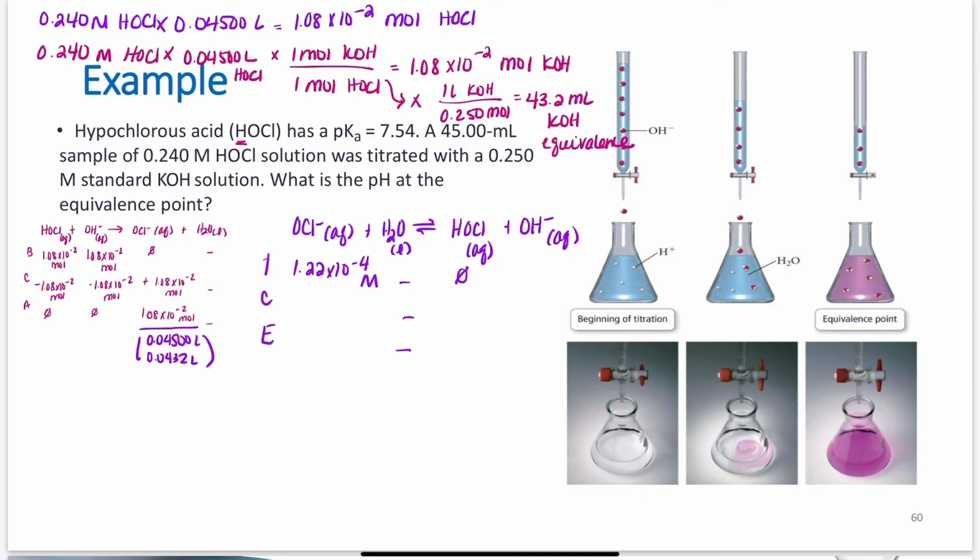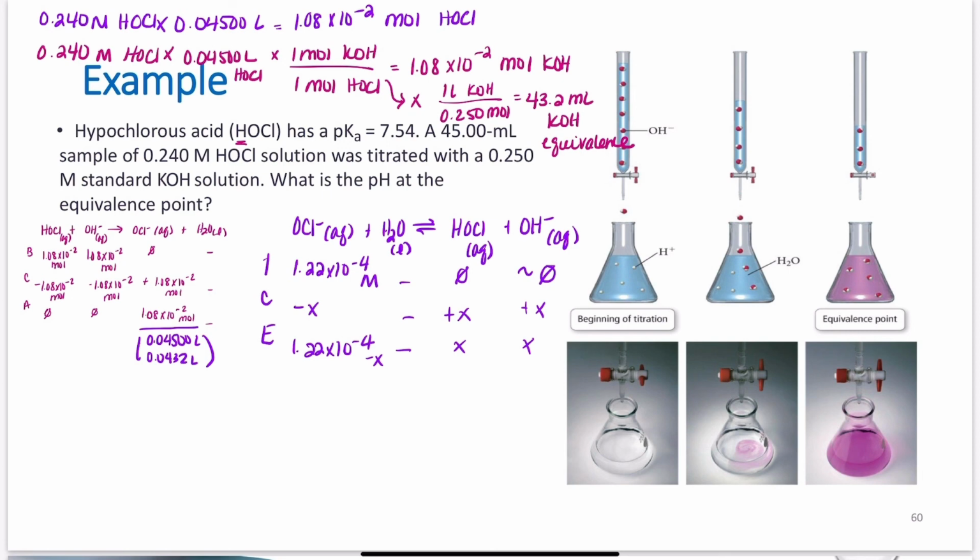We don't have any weak acid at the equilibrium because we've consumed it all, we've reacted it all, we've neutralized it all. And we have approximately no hydroxide because the only hydroxide present is just due to water itself. Minus x, plus x, plus x, 1.22 times 10 to the minus 4 minus x, and x.